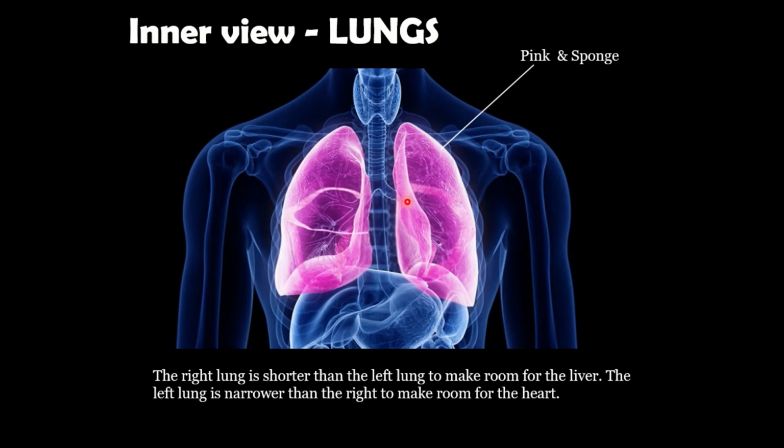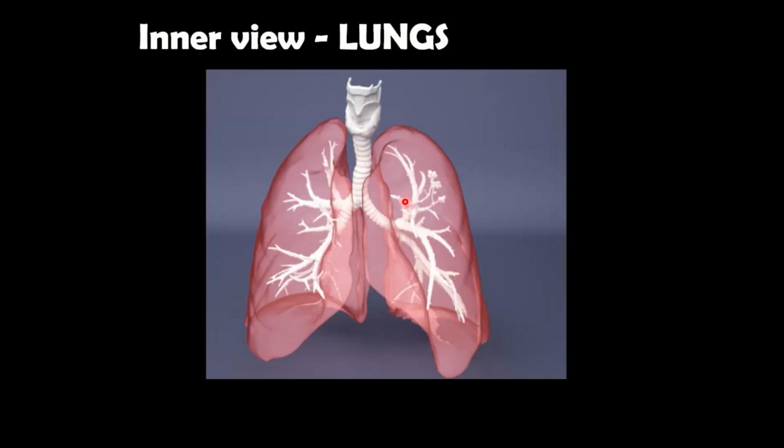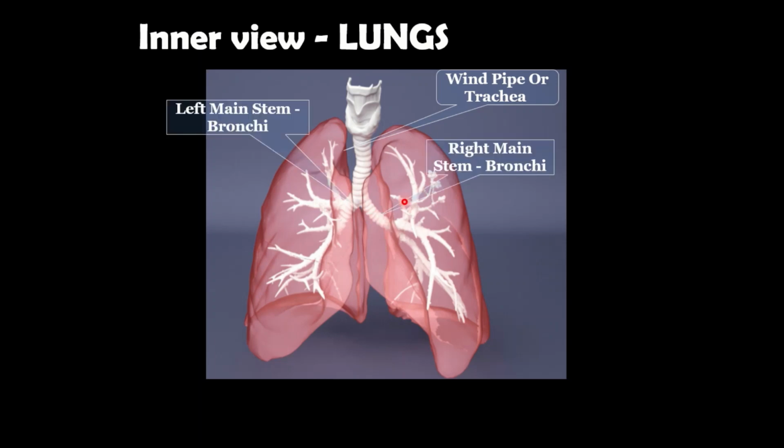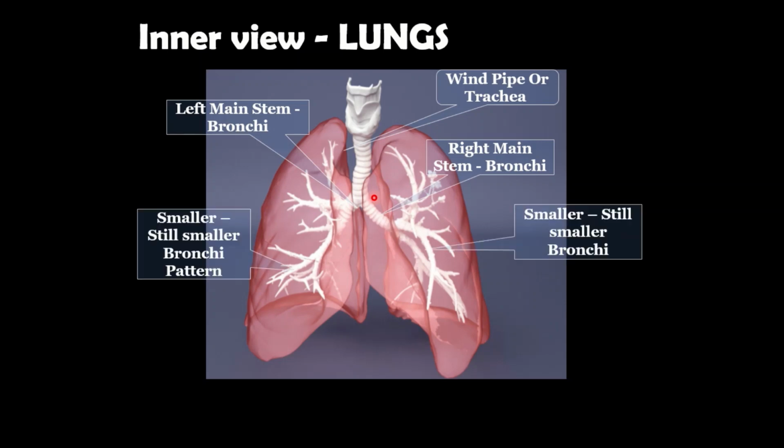At the bottom of the trachea or windpipe, there are two large tubes. These tubes are called the main stem bronchi, and one heads left into the left lung and the other heads right into the right lung. Each main stem branches off into tubes that get split into even smaller, still tiny tubes, just like the branches on a huge tree.